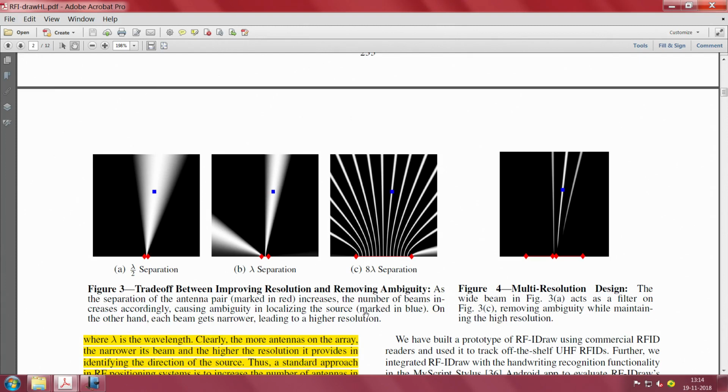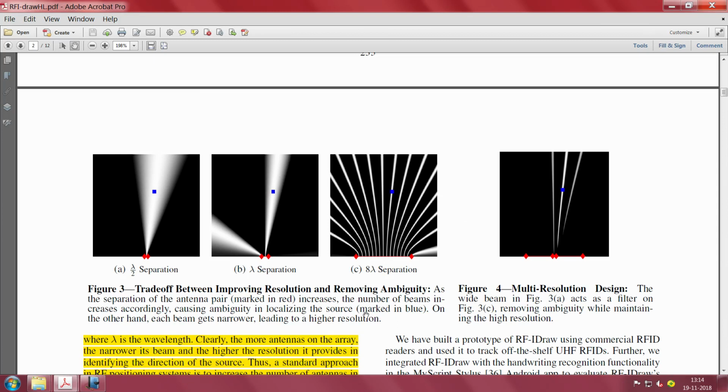So you have a problem there as well, although the ambiguity is just down to either it is in this beam or in that beam. But if you take the lambda by 2 separation, the resolution is poor.